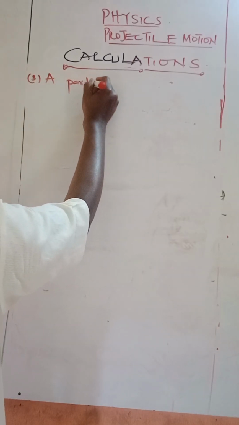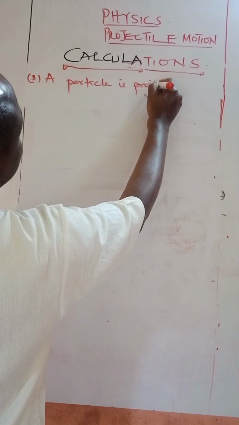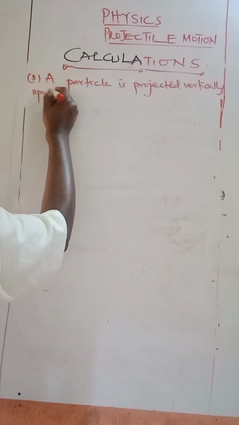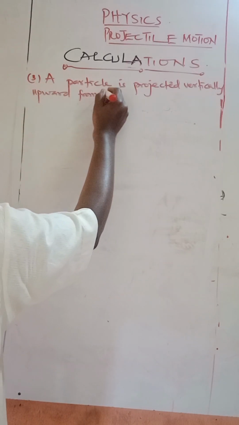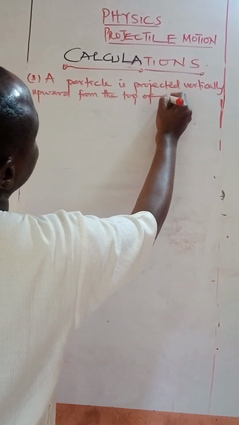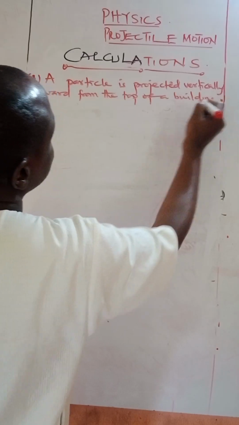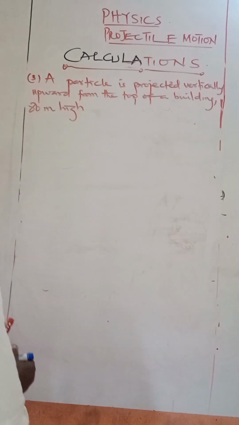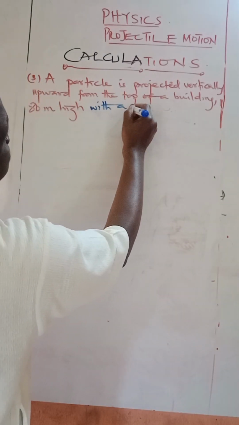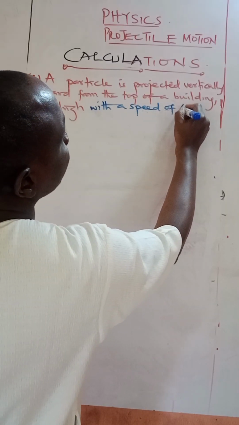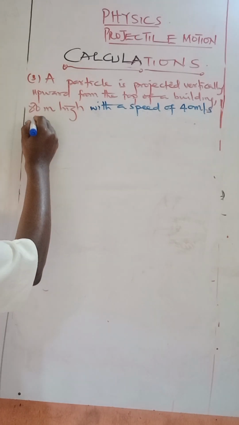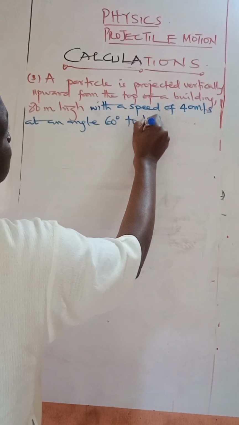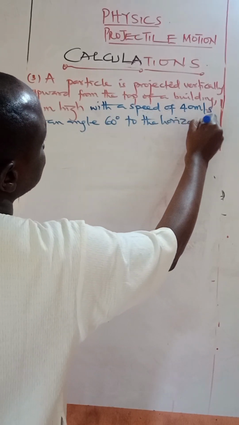A particle is projected from the top of a building 80 meters high, with a speed of 40 meters per second at an angle 60 degrees to the horizontal.